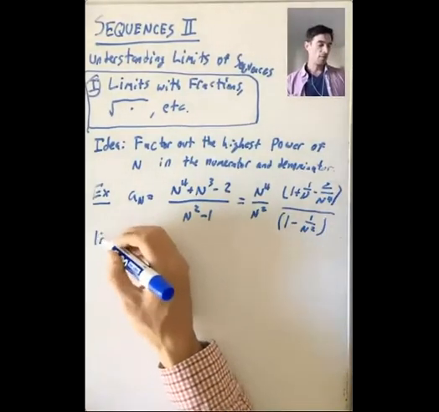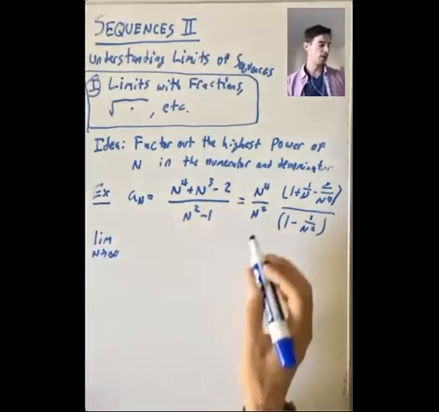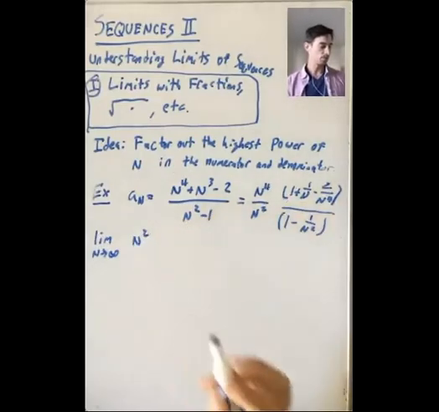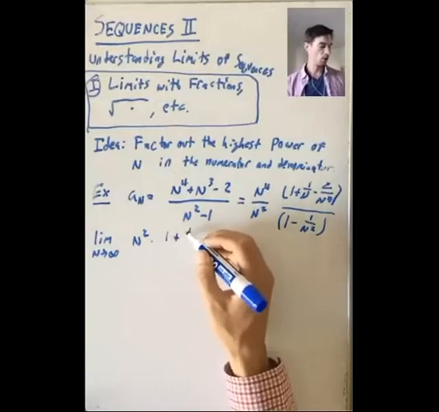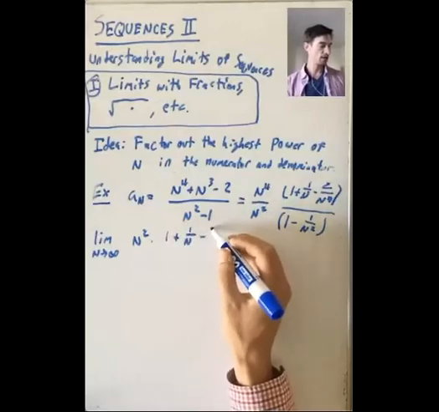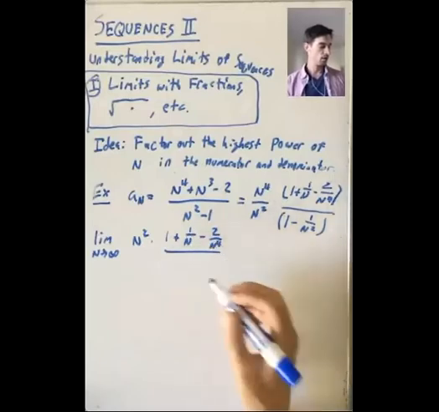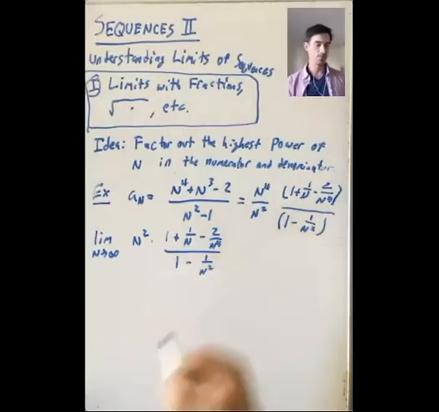Why does this help? Well, now when we take the limit as n goes to infinity, n^4 over n^2, that's just n^2, times we have this (1 + 1/n - 2/n^4) over (1 - 1/n^2).